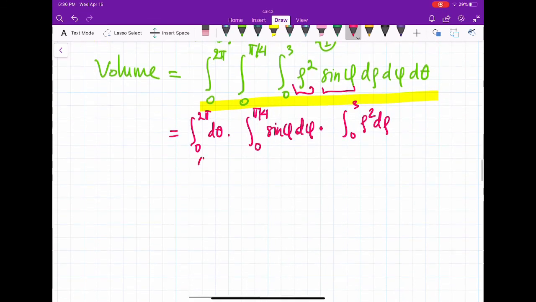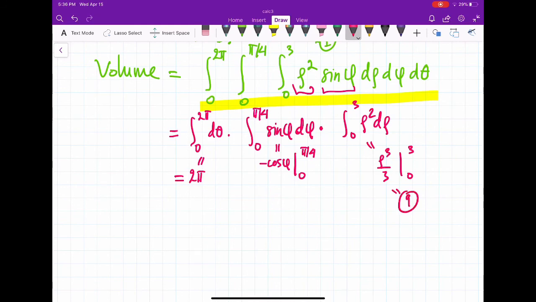Okay, so this is 2 pi. This is negative cosine phi evaluated from 0 to pi over 4, right? And this is rho cubed over 3, evaluated from 0 to 3, that means equal to 9.